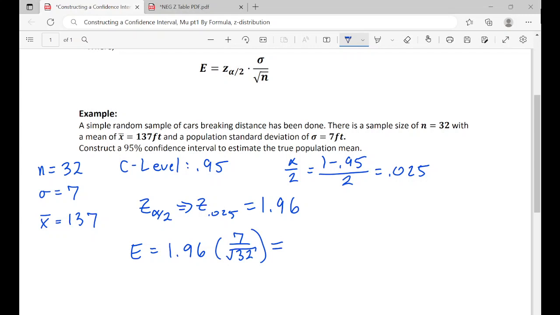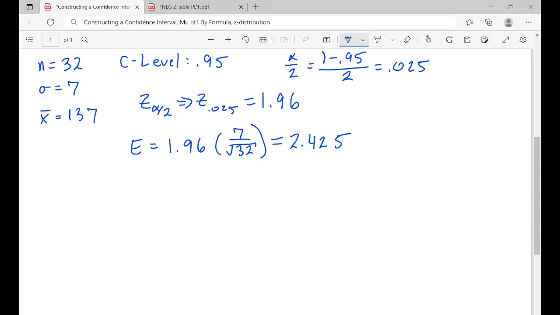And we just do the arithmetic here, and we're going to end up getting, to 3 decimal places, 2.425. So there's our margin of error, and now we're going to add that to our x bar, and subtract that from our x bar to get the confidence interval.